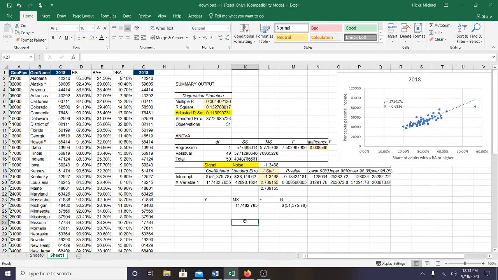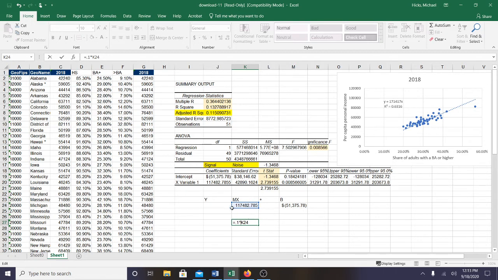The change equals this coefficient times 0.1, if you were a 10 percentage point increase in your, sorry, I'm having memory problems. 0.1 times K24.